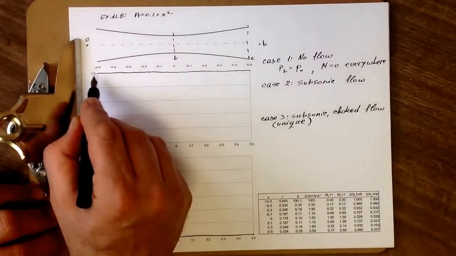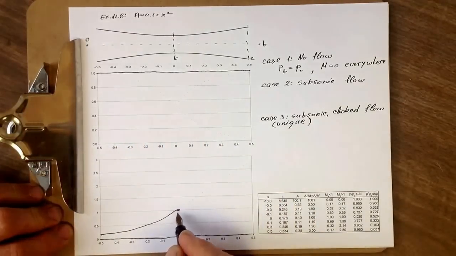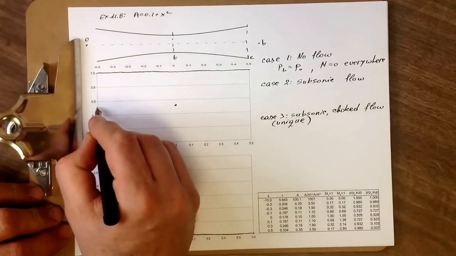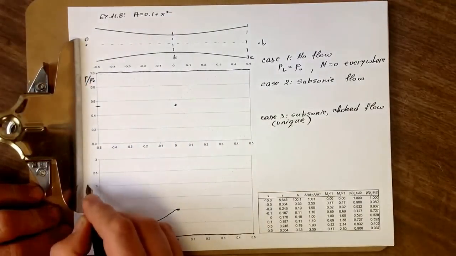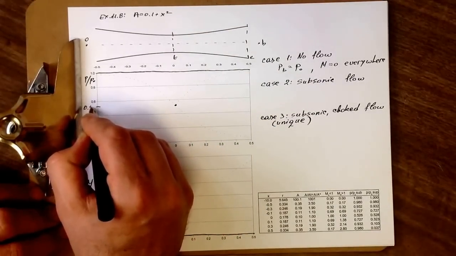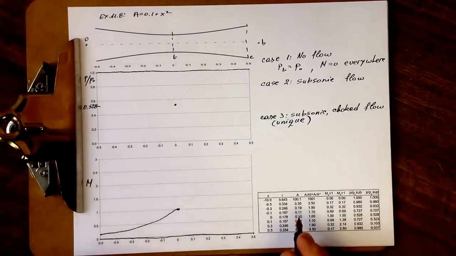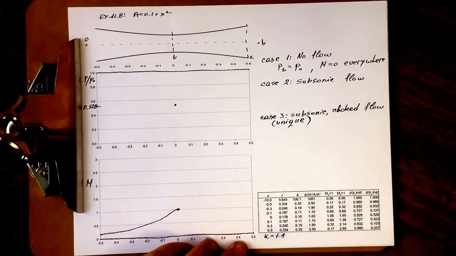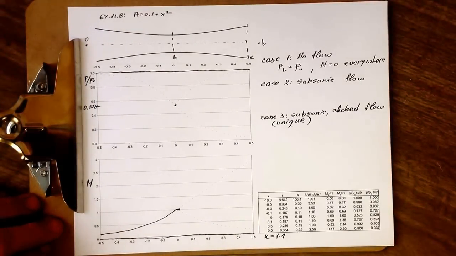And then what happens with pressure? In that subsonic choked case, when Mach reaches 1, pressure reaches, so this is pressure over P naught, this is Mach number, the value of 0.528. That's of course in this particular case where k equals 1.4, the diatomic gas that air belongs to.